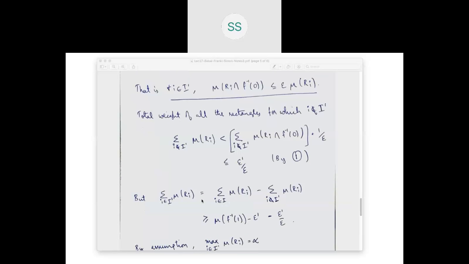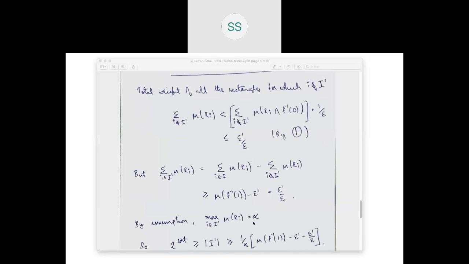So put together, the measure of the total rectangles in I prime is this, but each rectangle has size at most alpha. So the number of rectangles has to be at least this divided by alpha, since each rectangle can contribute at most alpha. That is the size of I prime.